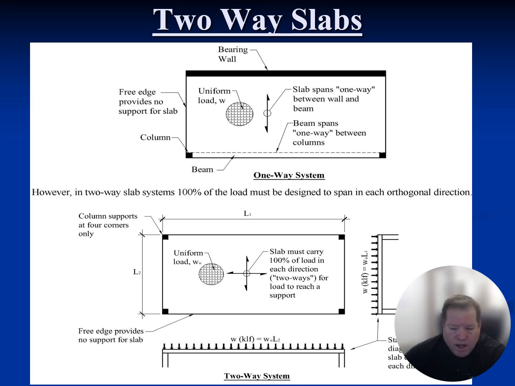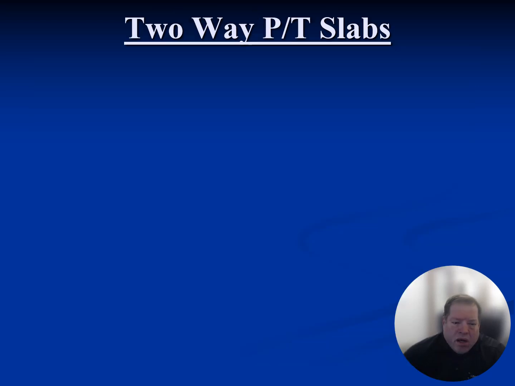So the load that is right here in the circle will travel hopefully up to the midspan here, then go right and go left to the column, in the same way it travels this way, and then goes up and goes down. So you're designing for 100% of the load in both directions to carry it to the column, which is obviously the main vertical support of the system.